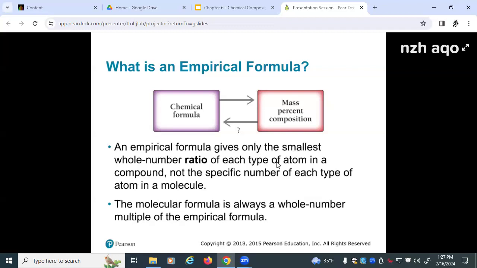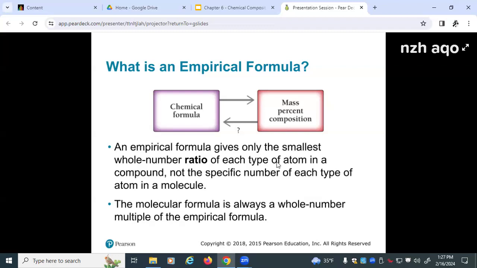Now, the way that we can solve this is by determining something called the empirical formula. The empirical formula for any compound is simply the smallest whole number ratio of each element to each other in that compound, in that molecule. This is different from the molecular formula.